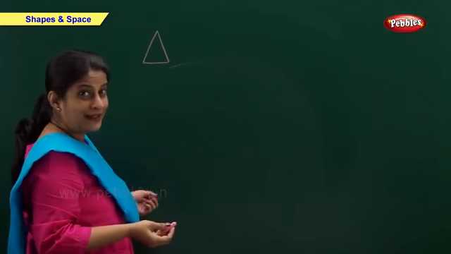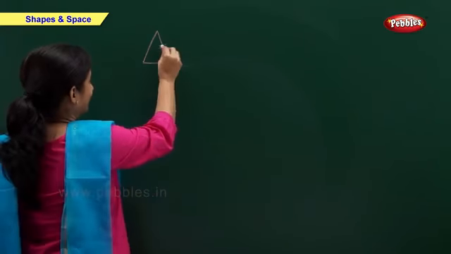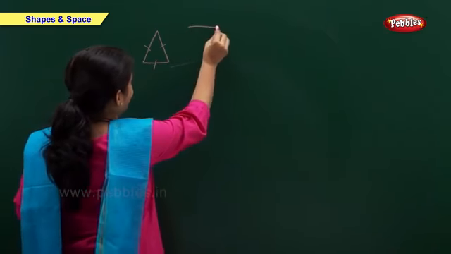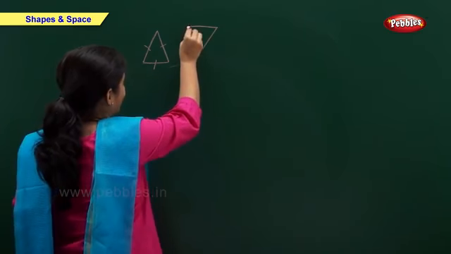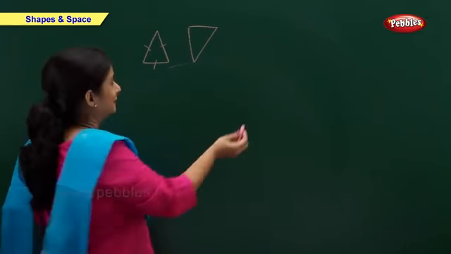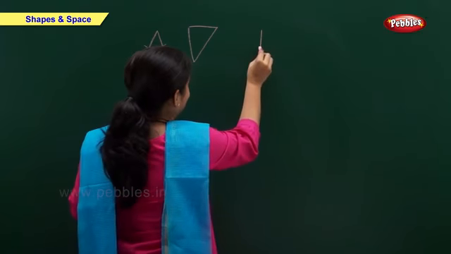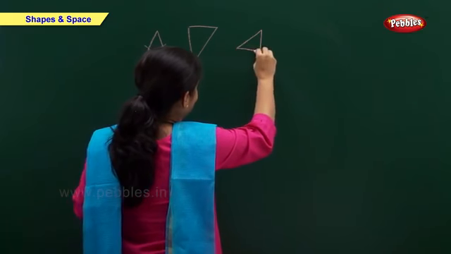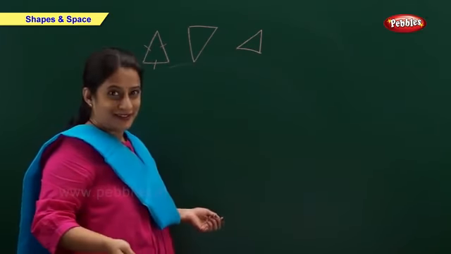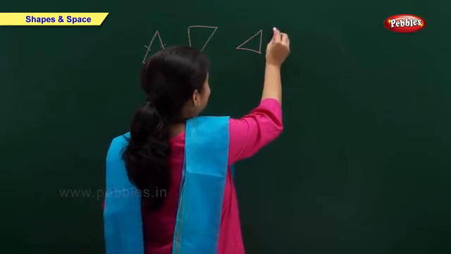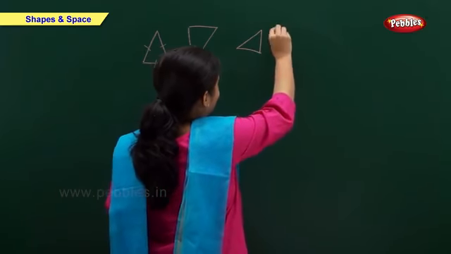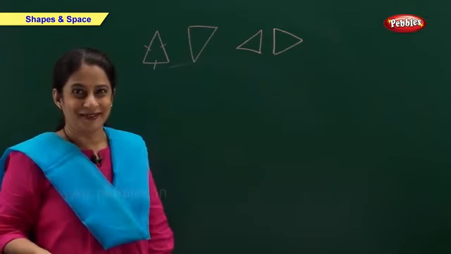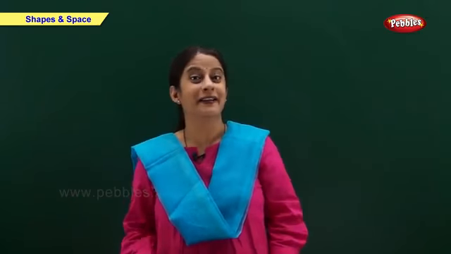A triangle has 3 sides. Triangle. Triangle. Triangle. Now let's draw a diamond.